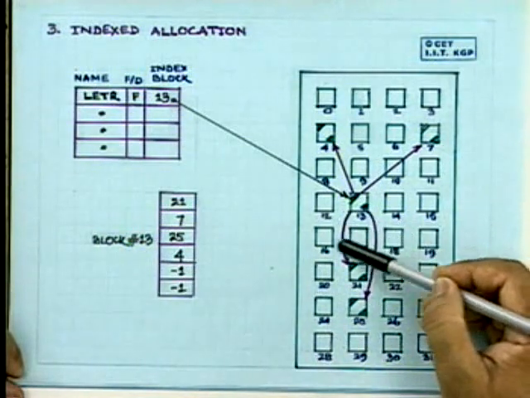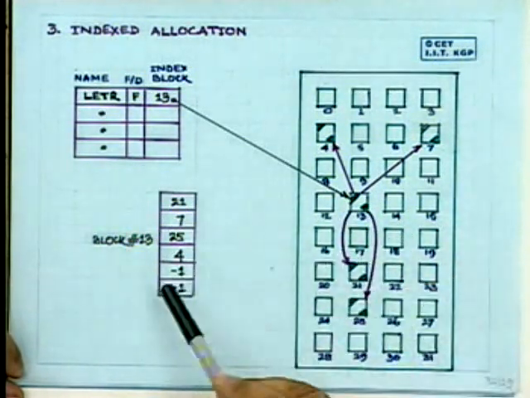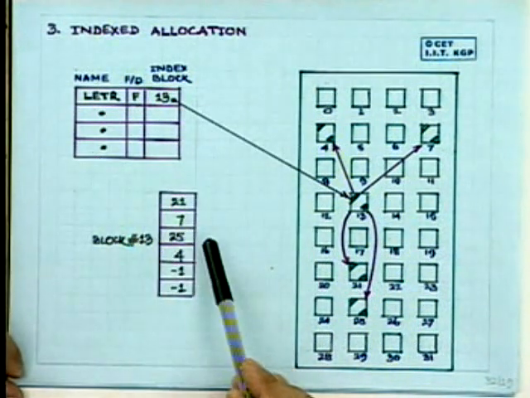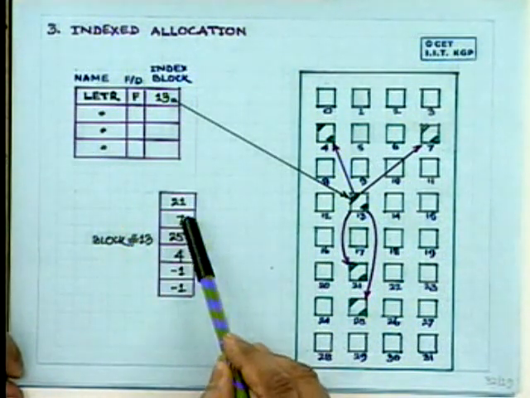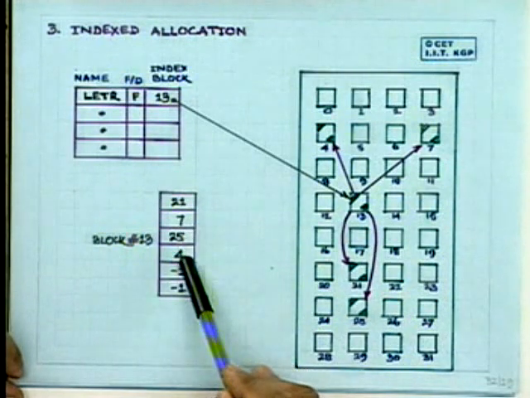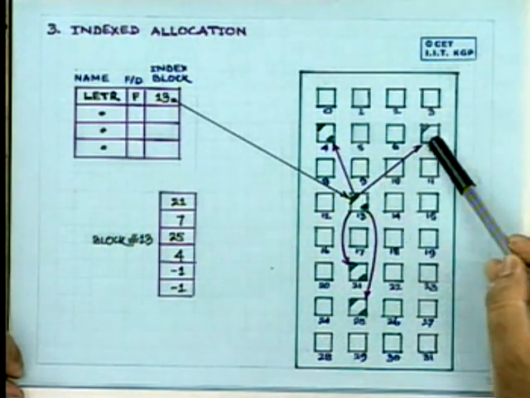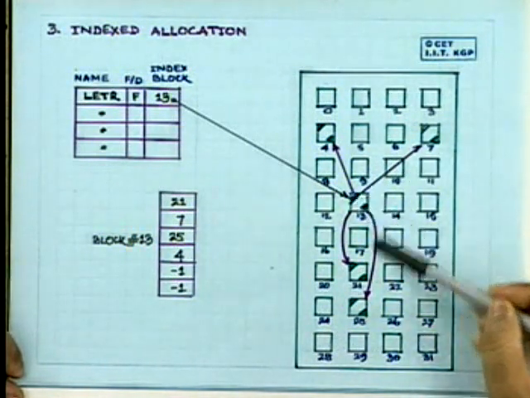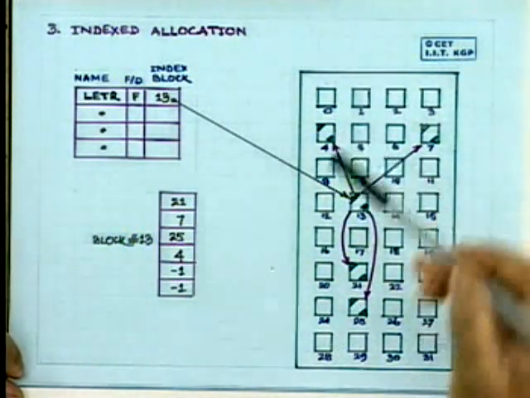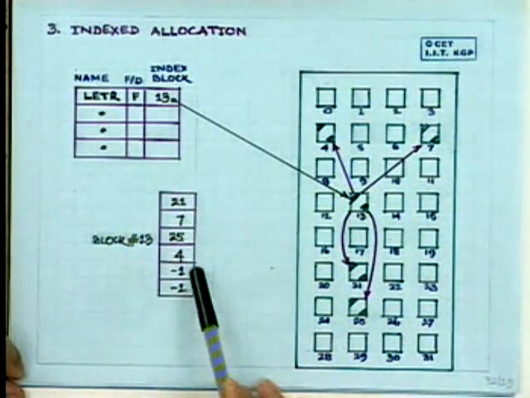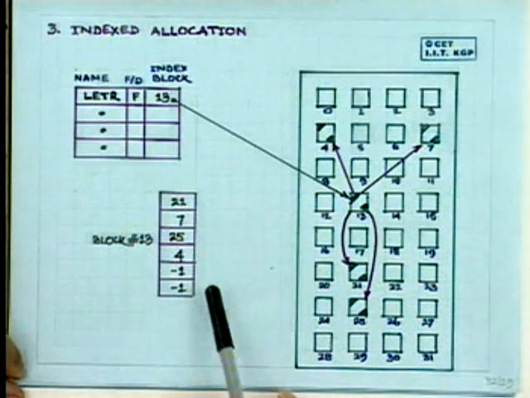That means this is a mapping that has been done. So it is for the other logical blocks of the file. They are respectively in 7, 25, and 4, as has been mapped from the block 13 to 7, 25, and 4. -1 means a null pointer, therefore this particular file consists of 4 blocks.